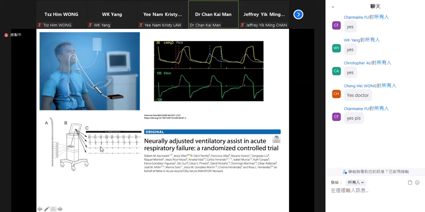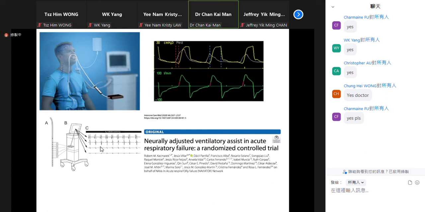The gastric tube has incorporated some ECG leads in the catheter, and when you put in the catheter and plug it into the ventilator, the ventilator would display the EMG signals onto the screen, and at the same time, it would show the position of the electrodes that is sensing the diaphragmatic EMG most.